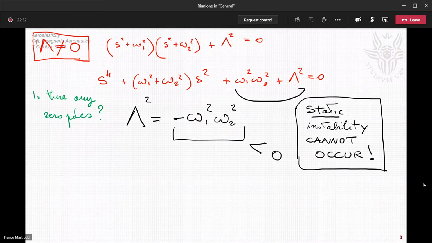The only possibility for having an instability is an oscillation, so a couple of complex conjugated poles crossing the imaginary axis. In this way, we can talk about flutter, panel flutter, and not divergence panel. Okay?